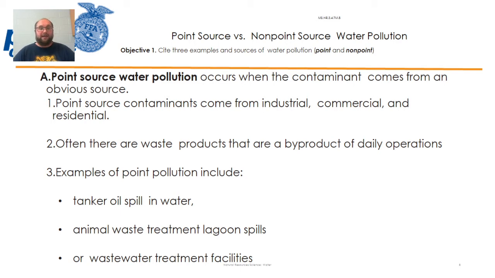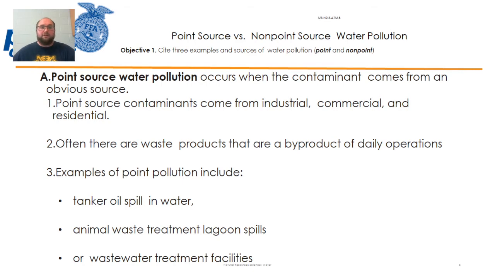Often they are waste products that are byproducts of the daily operations of those industries in industrial, commercial, or residential areas. Some examples of point source pollution include a tanker oil spill in water, animal waste treatment lagoon spills when there are accidents, or wastewater treatment facility spills.